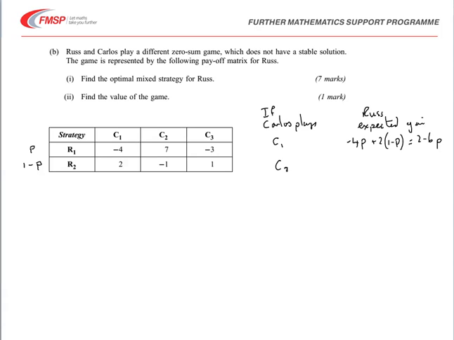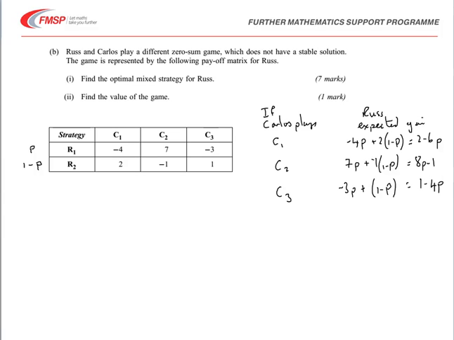Doing a similar thing for C2, we get 7p plus -1 times 1 minus p, which is equal to 8p minus 1. And for C3, negative 3p plus 1 times 1 minus p, which is the same as 1 minus 4p.